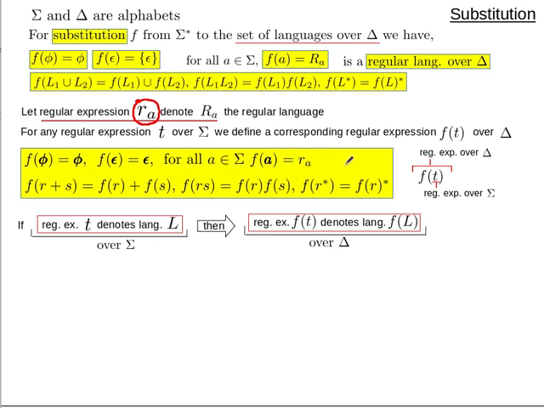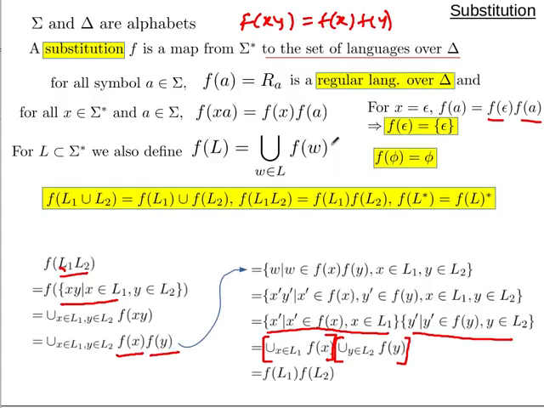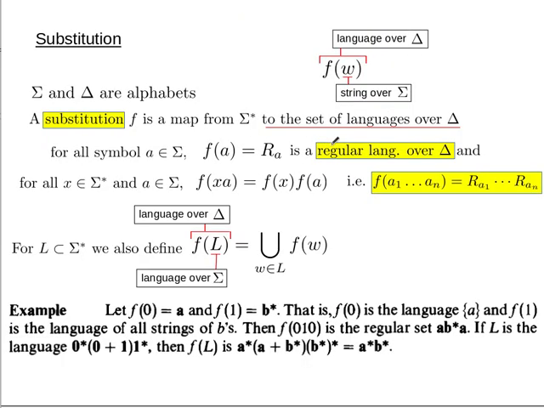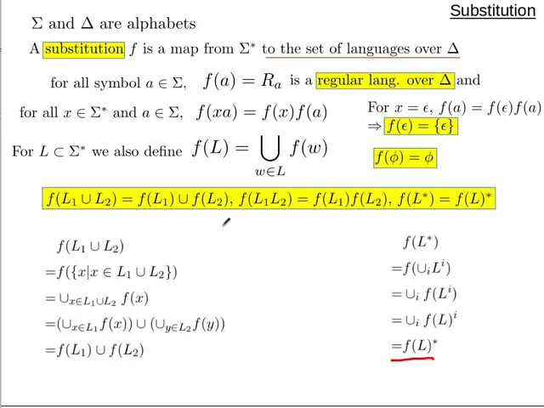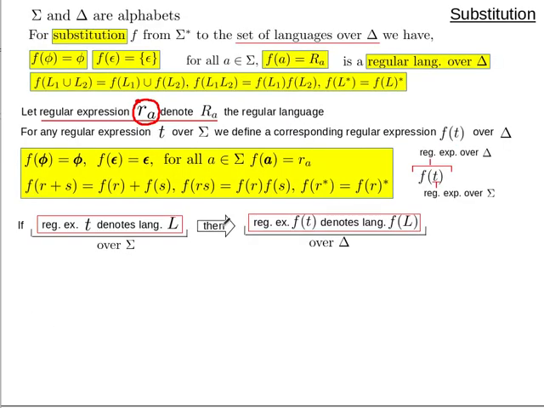So this f, we started here with a string, and then we get a language here, and then here we extended the meaning where we provided a language over sigma, and we get a language over delta. Now here instead of a language we are providing a regular expression.